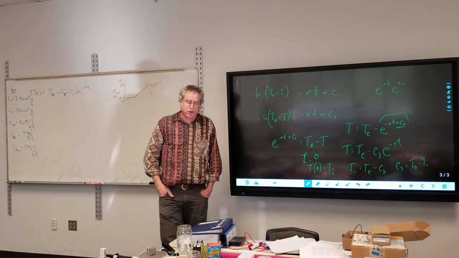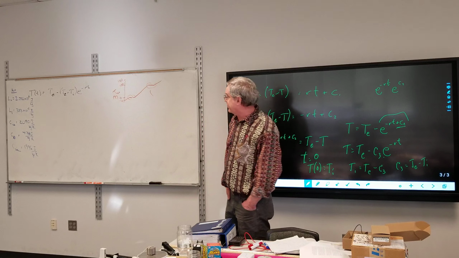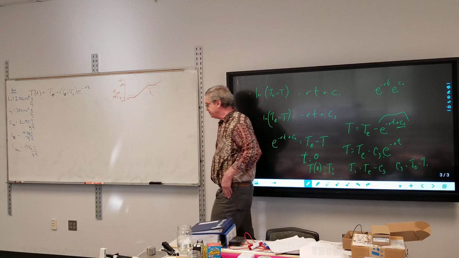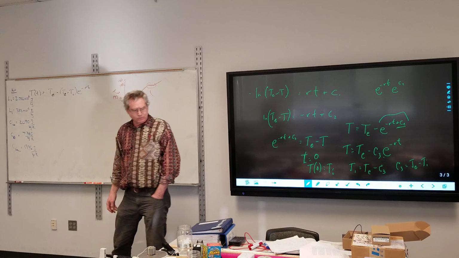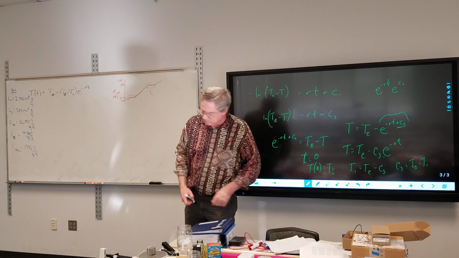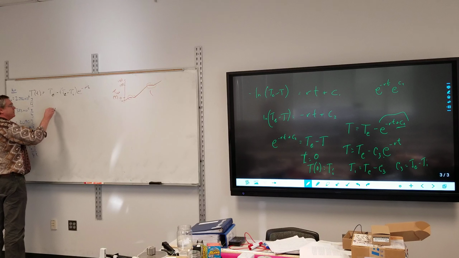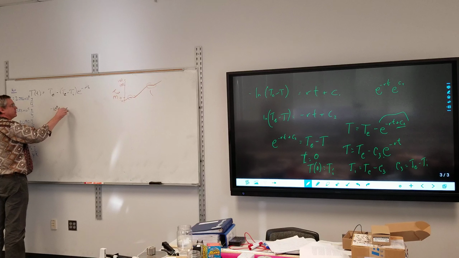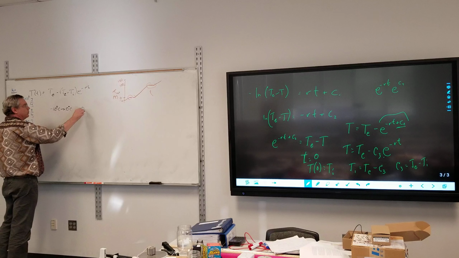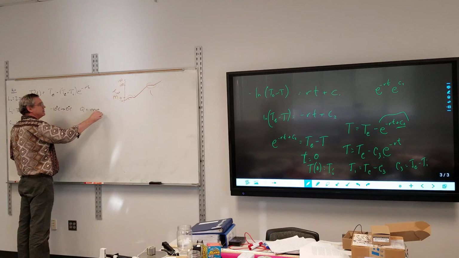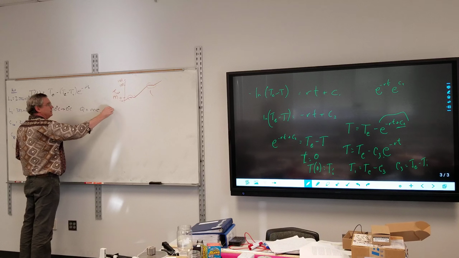Well, you do it part by part. First, we need to get the ice up to the melting point. So going from negative 10 degrees Celsius to 0 degrees Celsius, Q is equal to M c_ice delta T.